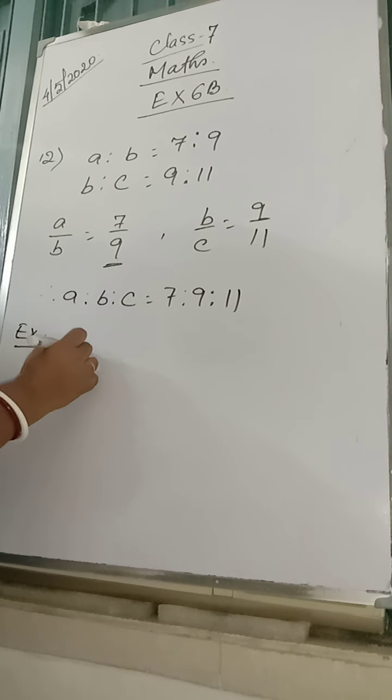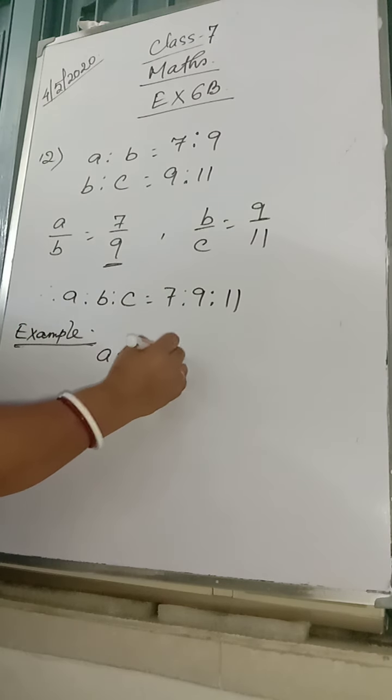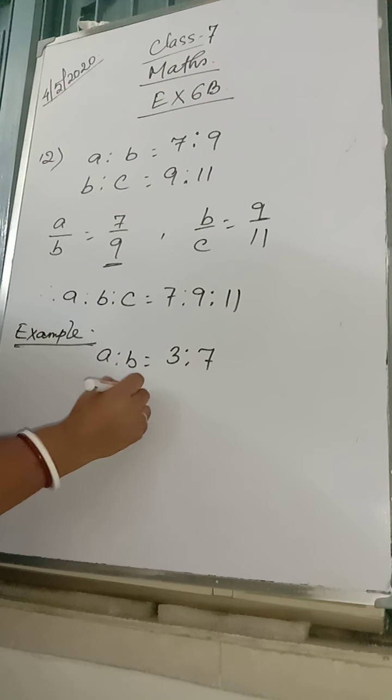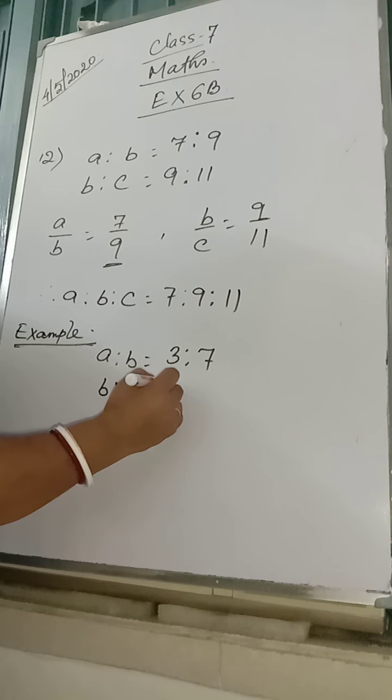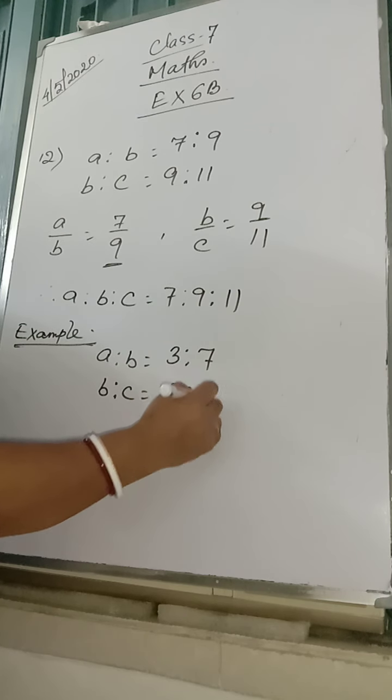Same thing, A is to B. Example, if the value of B is not equal. Okay dear? A is to B, if it is given 3 is to 7, and B is to C, it is given 5 is to 8.